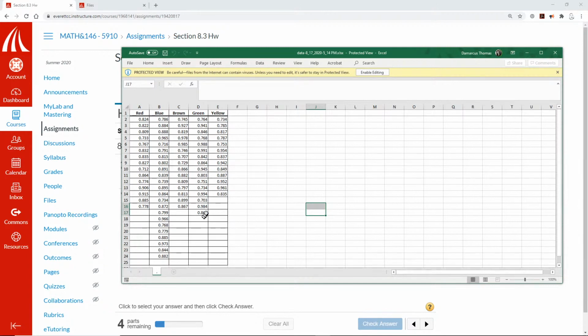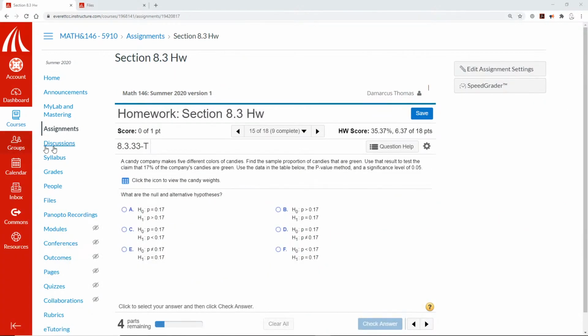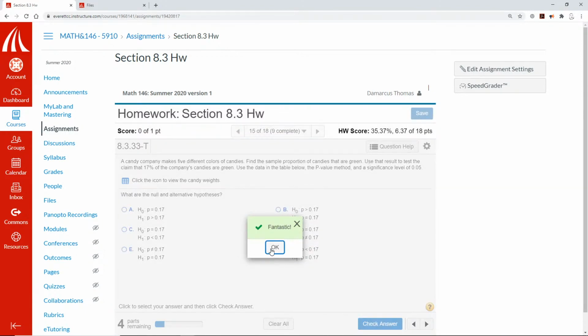And that's what we'll divide by 16. And that's what you would enter into your calculator. Okay? And because we're testing the claim that it is 17% exactly, we'll do a two-tailed test. The alternative is neither higher nor lower.